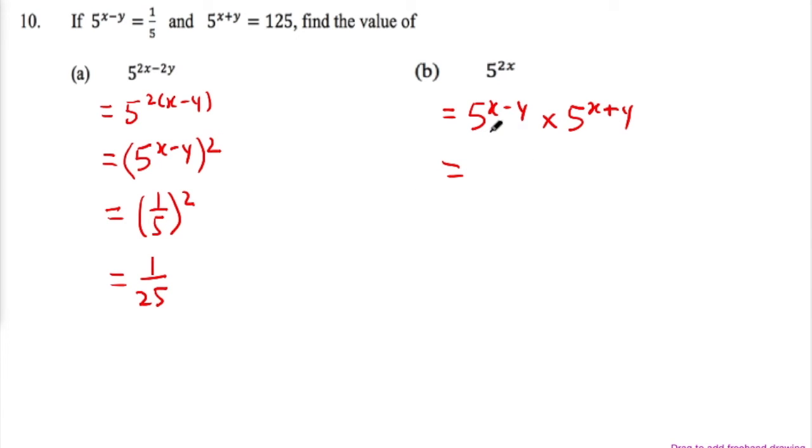In this way, when we multiply and applying the first law of indices, when we add the power, we will have x plus x to give us 2x, minus y plus y will be 0. So there's only 2x. Therefore, the result is now 1/5 times 125, which is simply 25.